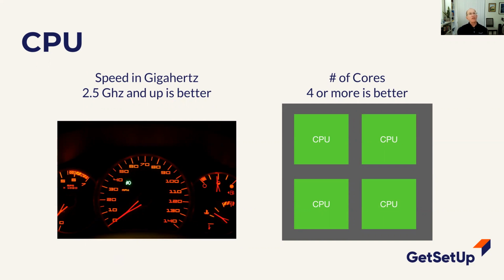The faster the CPU can calculate, the faster your computer will work, kind of like a bigger engine in a car will go up a hill faster. CPU speed is measured in gigahertz, which is how many millions of times a second it can do a calculation. They're really fast, and they get faster and faster.